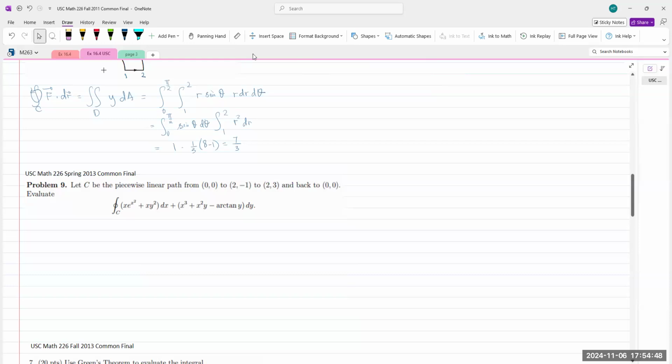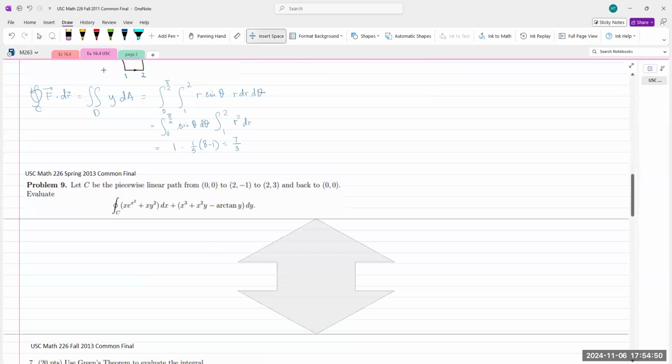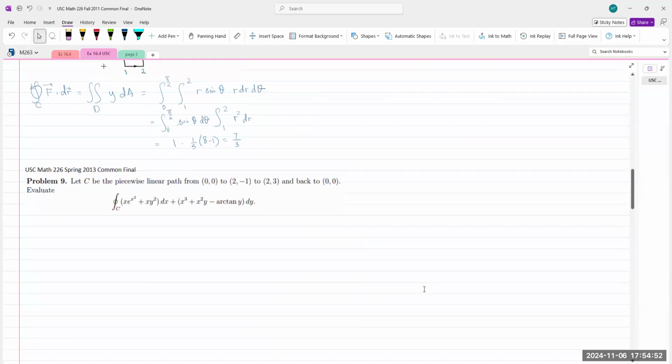Spring 2013. Let C be a piecewise linear path from 0, 0 to -1, 2, then 3. So this is the first one, second one, and then back to 0, 0.